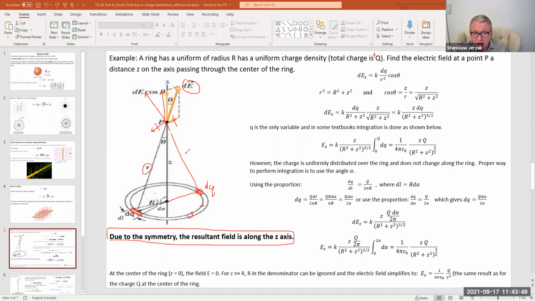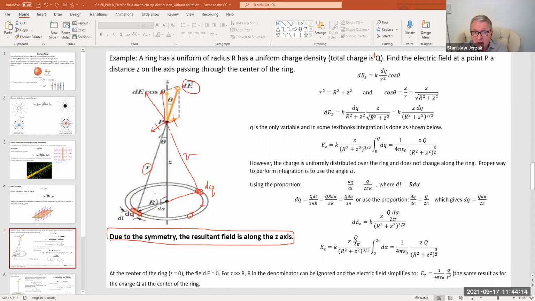You see, this is also r because I hope you can see the cone, that P is like the vertex of a cone. So the distance from every element of the ring to point P will be the same. So r will not be variable, it will be constant in this calculation. And like you've mentioned, that will make calculations very easy.